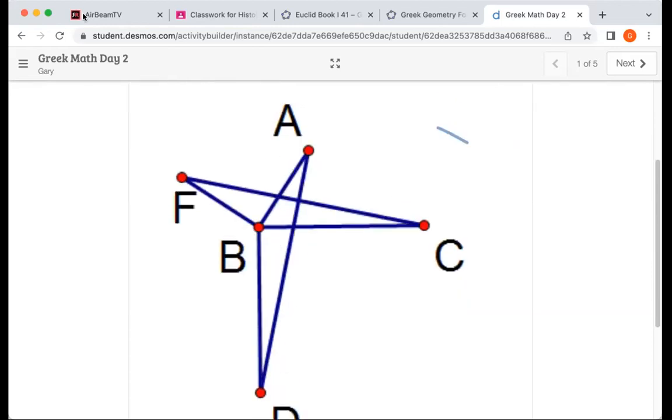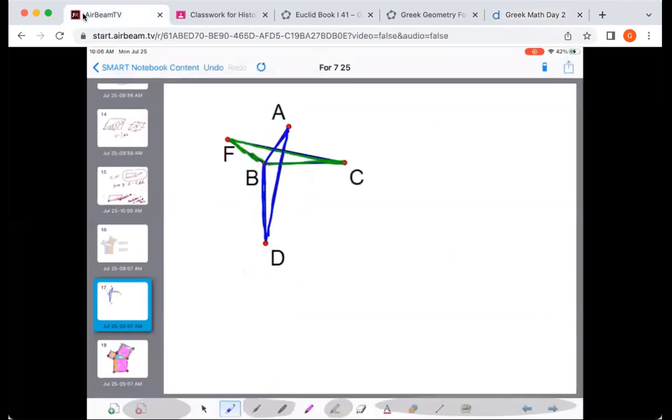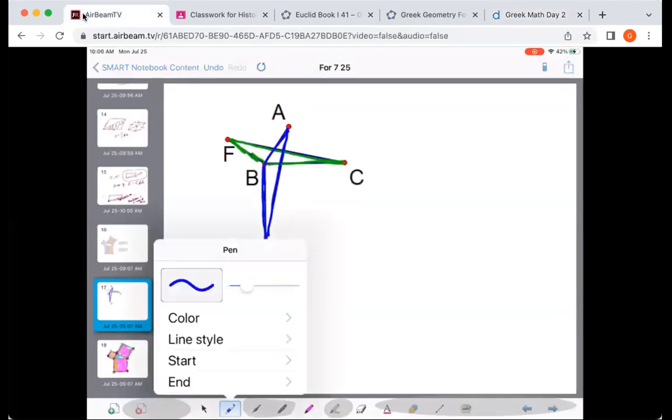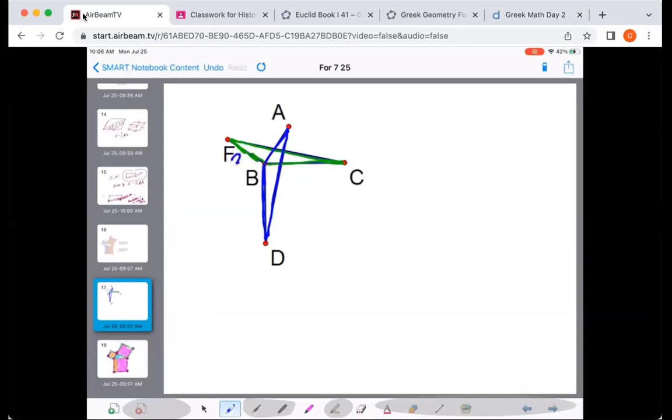I'm going to put it onto my picture over here. So we have 3, 3, 5, 5. And we have some right angles, namely one here and one there.